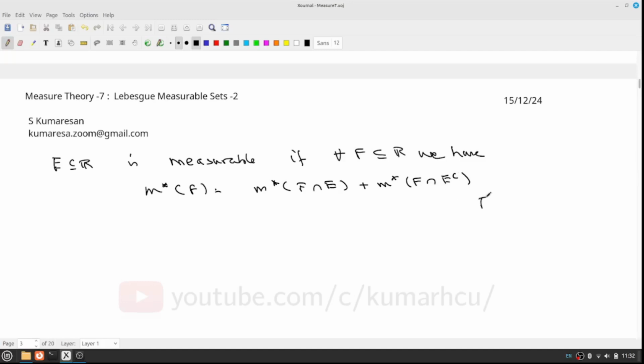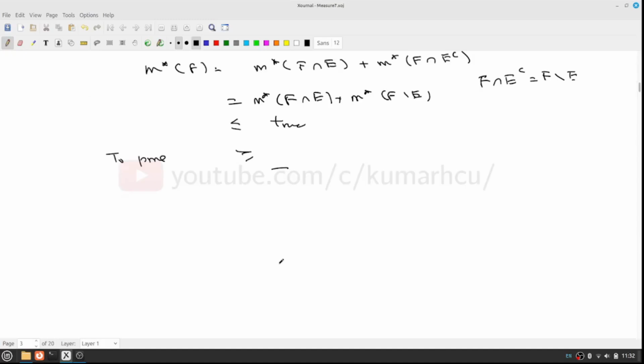Notice that F intersection E complement is also known as F minus E: from F, remove all of E. Therefore, one can also write this as m star of F intersection E plus m star of F minus E. Since by countable subadditivity of outer measure the inequality in one direction is always true, to check measurability we have to prove only this. Keep this in mind because we have to use it many times today.